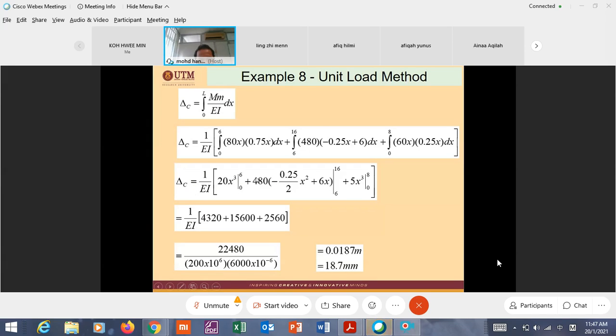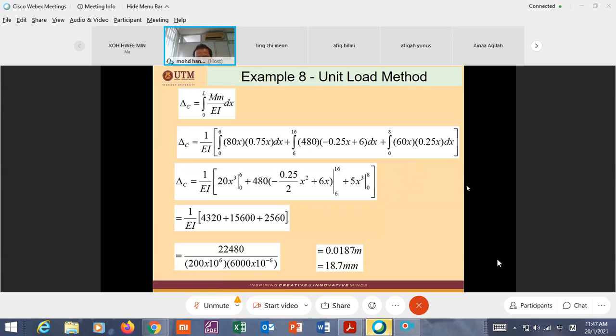Understand? The third segment is actually between 16 and 24 if you start from the left, but because we start from the right, the integration is between 0 and 8 meters only.